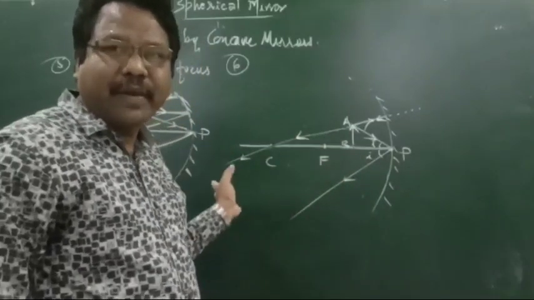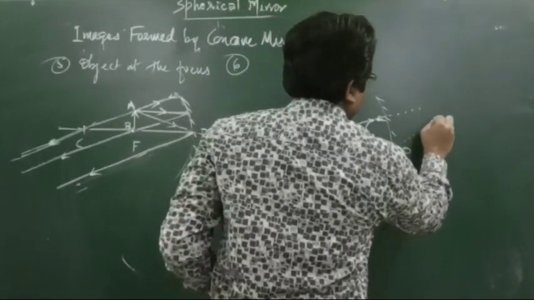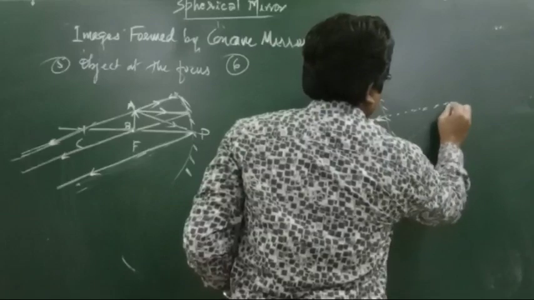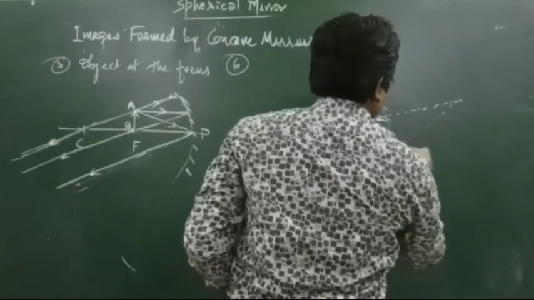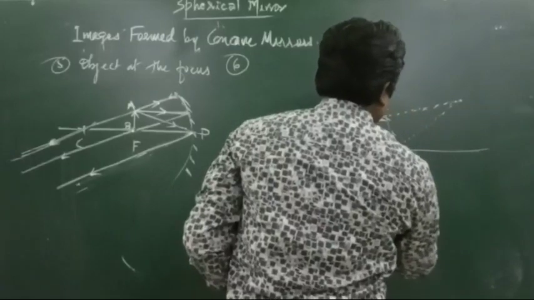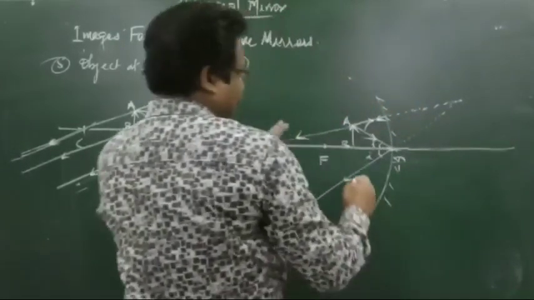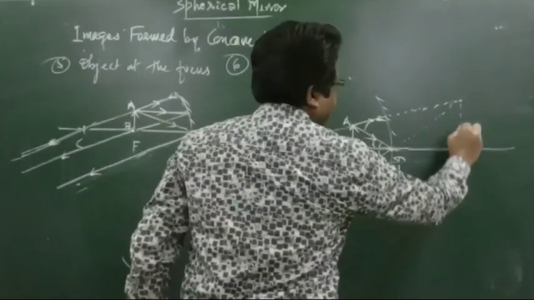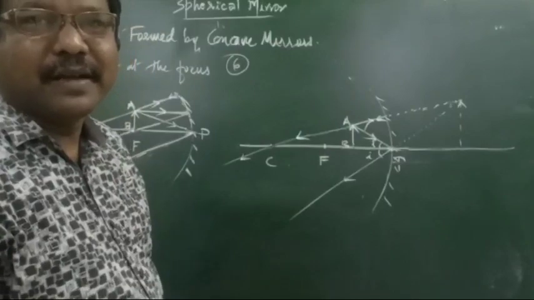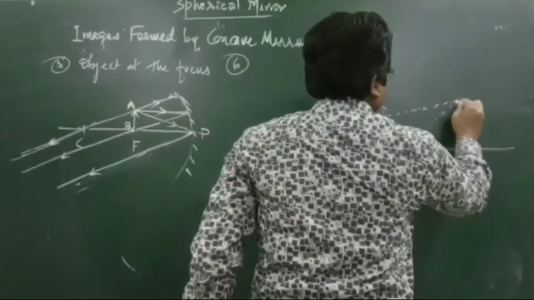They are not going to meet, but they appear to come from a point beyond the mirror, behind the mirror. These two rays appear to come from this point. Are you getting it?